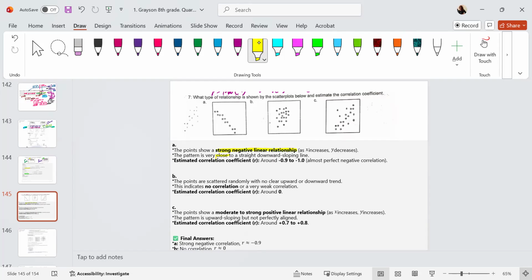And if you have to, it'll be around a -1. -1 is almost perfect for a negative correlation. Does that make sense? Okay.